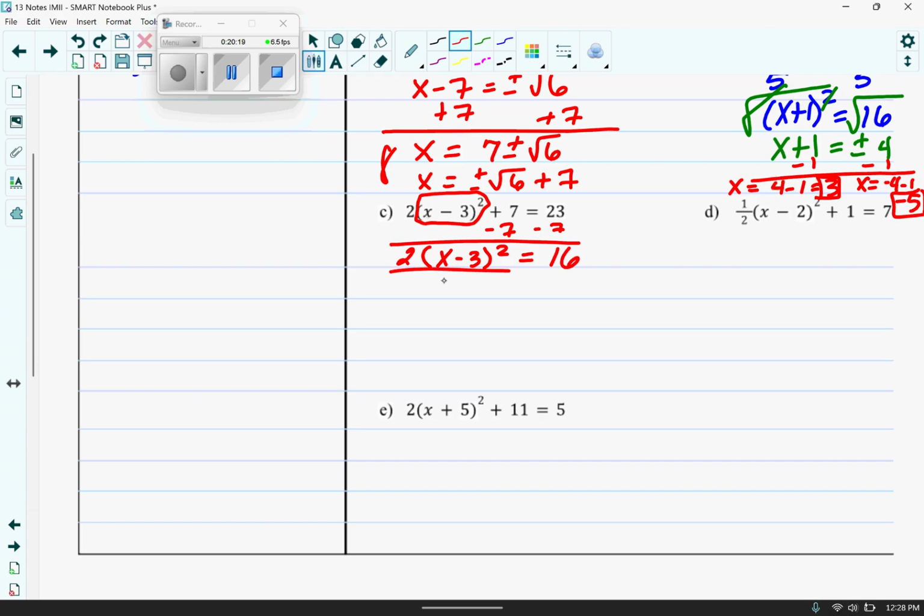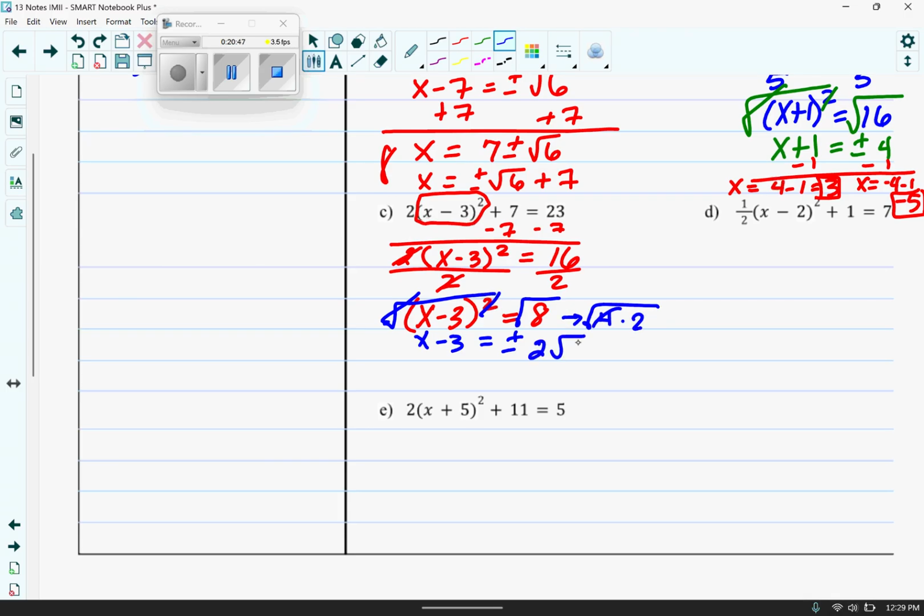Then we're going to divide both sides by 2 because we're not finished yet. So now I have (x minus 3) quantity squared is equal to 8. Now we need to square root both sides. So x minus 3, square and square root cancel, is equal to plus or minus. Now 8 is 4 times 2, so it's going to be 2 radical 2.